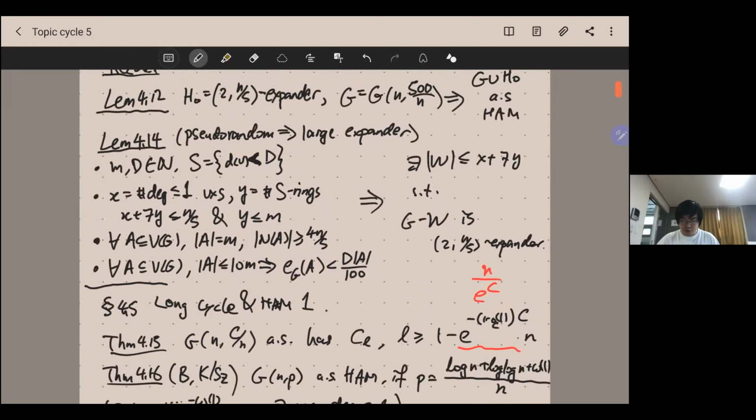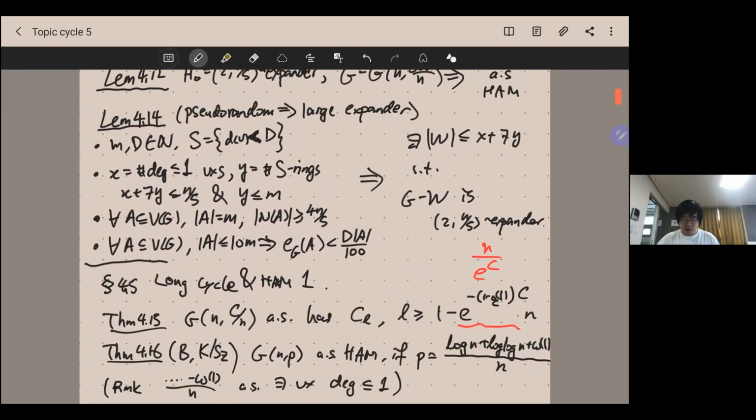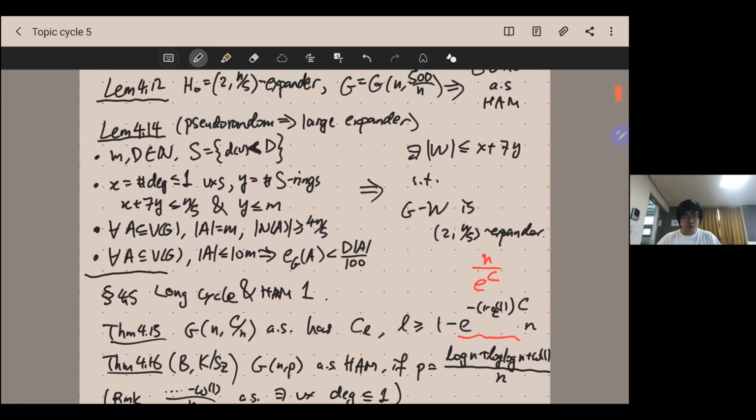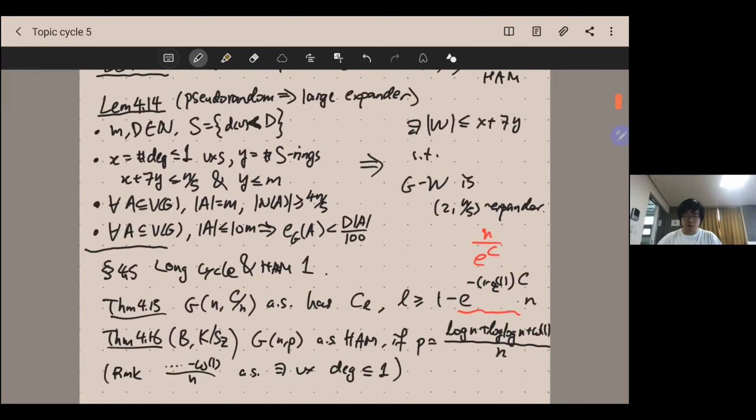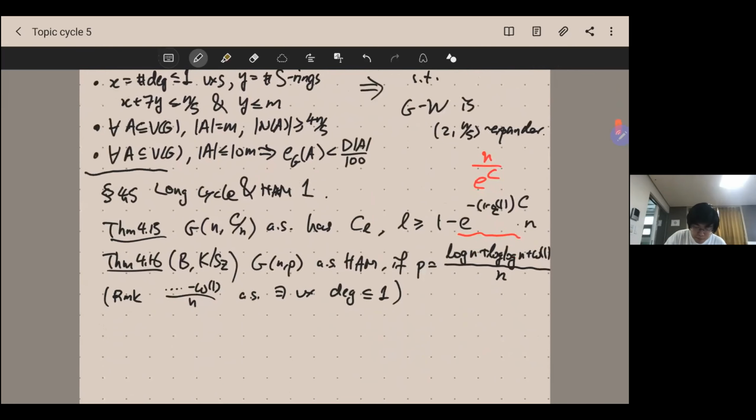For both of these two results, the proofs are very similar. First of all, we will prepare to fit in 4.12 for the sprinkling. We're going to split out a little bit first, right? So for both, we consider this G with appropriate p to be the union of G(n, 500/n) union G(n, p minus this).